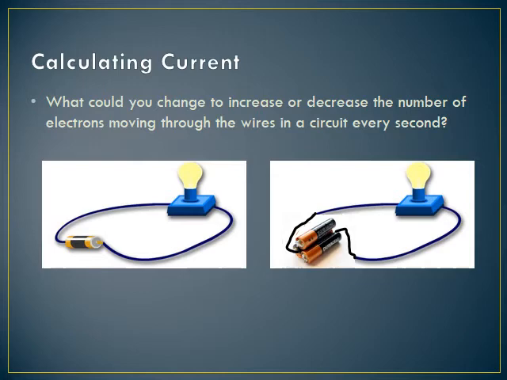When you add more batteries, then every electron moving through the batteries is going to get more energy. If we think about this like the school day analogy, if you are getting more energy from your house, which is the battery in this situation, you're going to move faster through your day. So the more batteries we have, the faster this current is going to move through the circuit. More voltage equals more current.